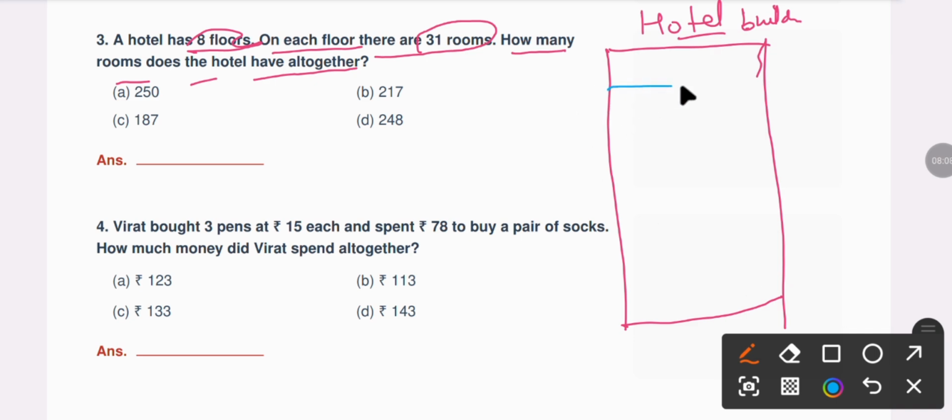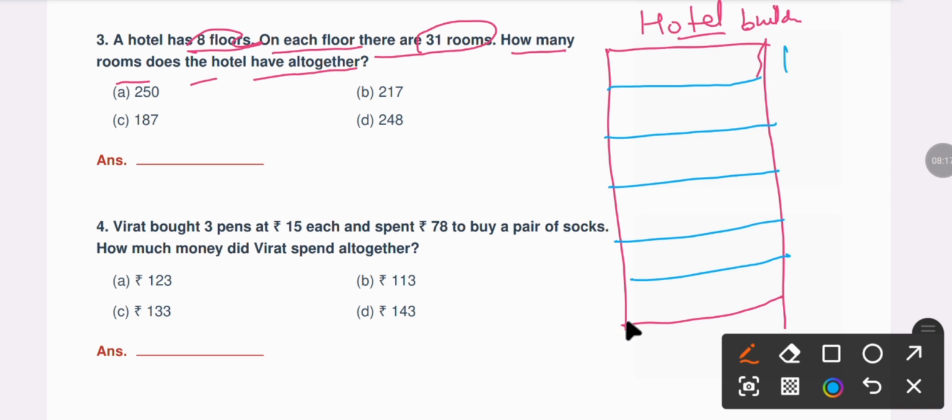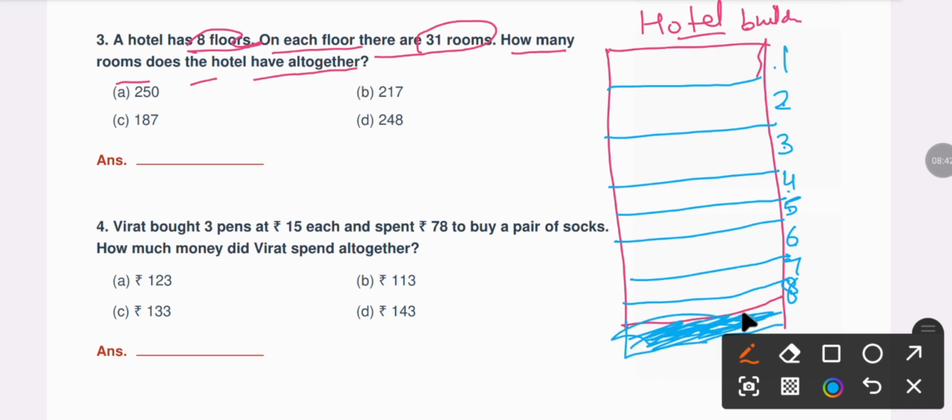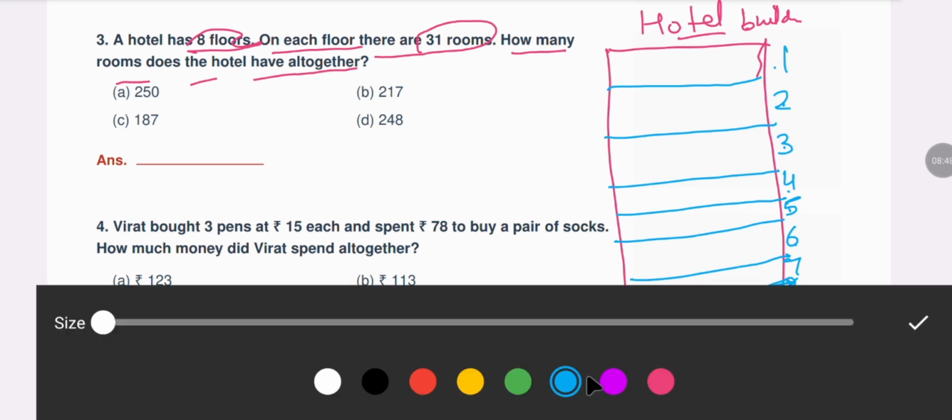There are 8 floors: 1, 2, 3, 4, 5, 6, 7, 8.